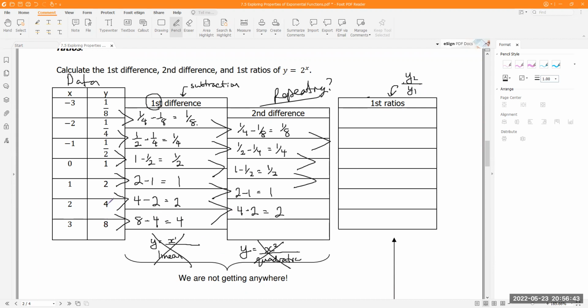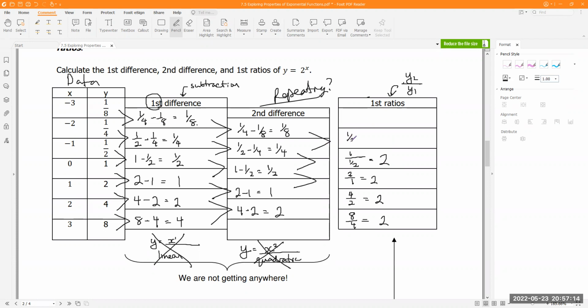So let's do this. 8 divided by 4, 2. 4 divided by 2, 2. 2 divided by 1, 2. 1 divided by half. And if you do that right, you would probably have guessed it is a 2. 1 divided by 0.5, you can put 0.5 twice.